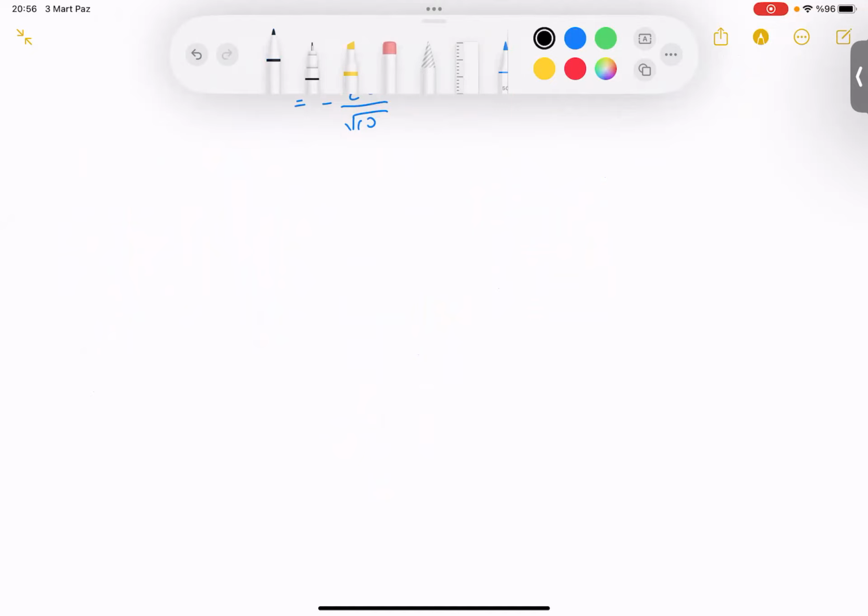Now this was question 3. Now we will solve question 4. Find... now we're given this function.